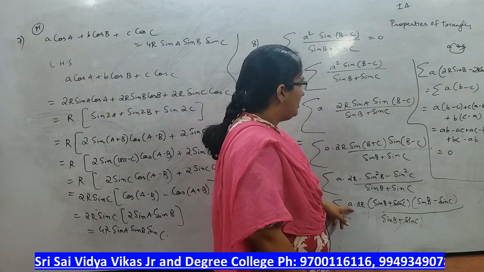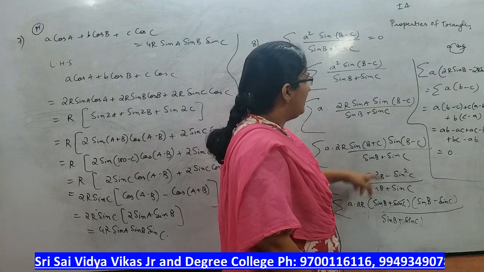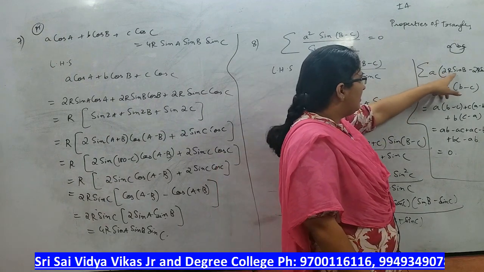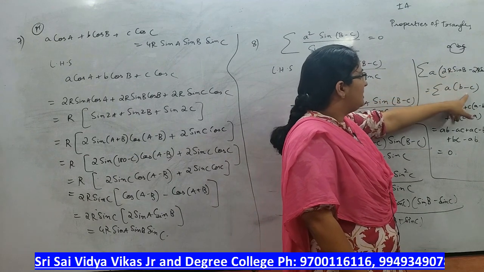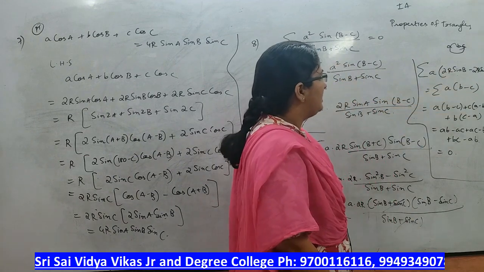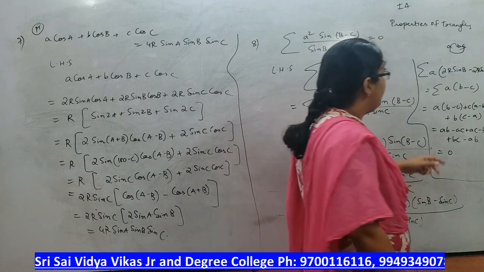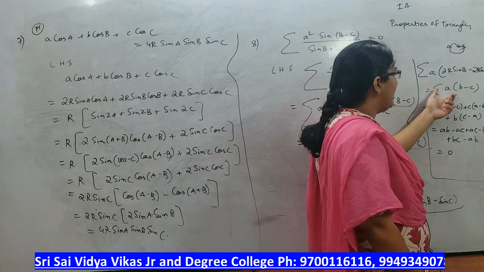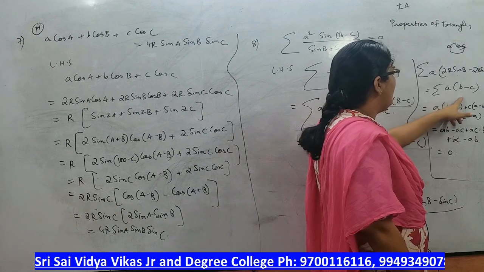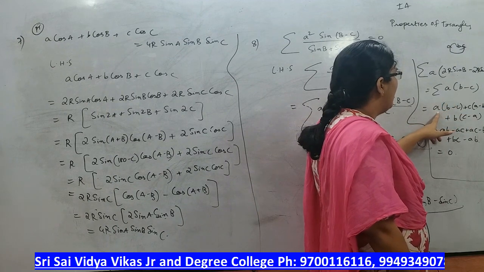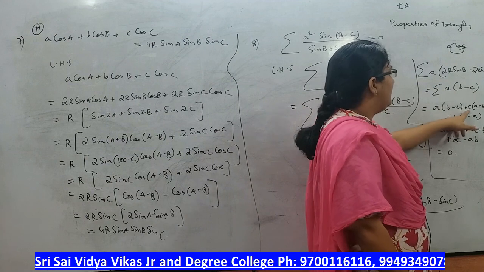So here a into 2R you take inside. A into 2R sin B minus 2R sin C. So a into (b minus c). Summation a into (b minus c) can be written as a into (b minus c) plus b into (c minus a) plus c into (a minus b).